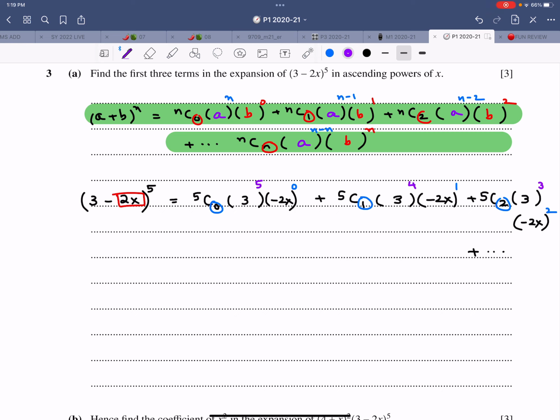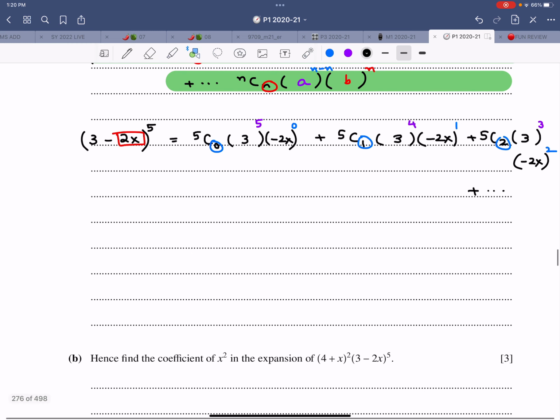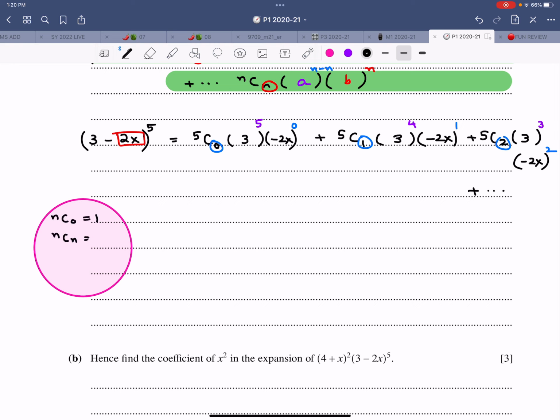So now what are we working on? We are working on evaluating it. One other thing from background knowledge: we should remember that nc0 is 1, ncn is 1, nc1 is n, and if the need arises, ncr is nc(n minus r).